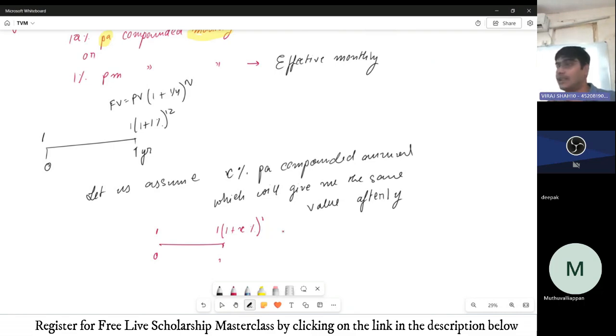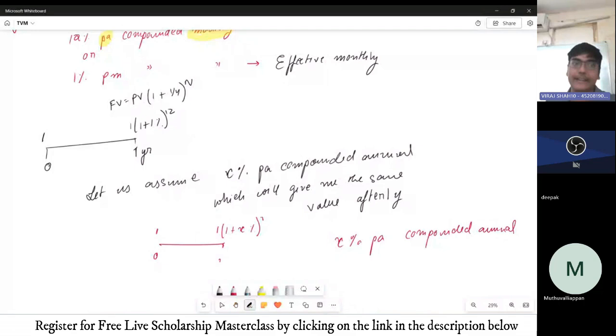Effective annual rate क्या होता है? Effective annual rate is X% per annum compounded annually. So what will be my equivalent? कॉपी मत करना अभी. हाँ, मैं अच्छे से कराऊंगा आपको.